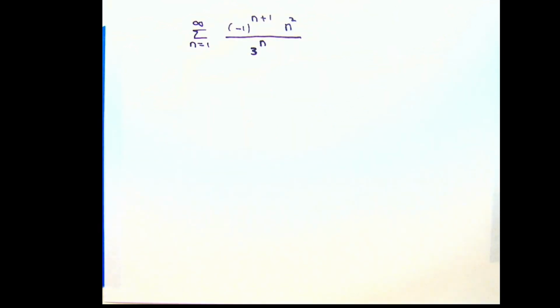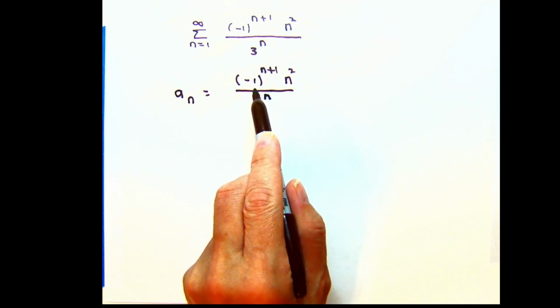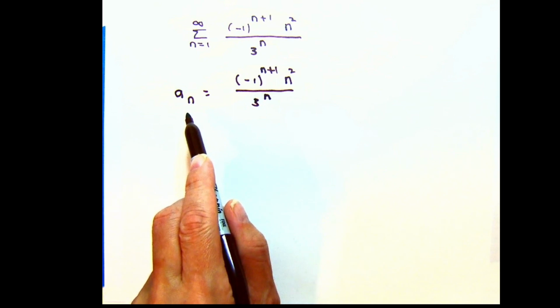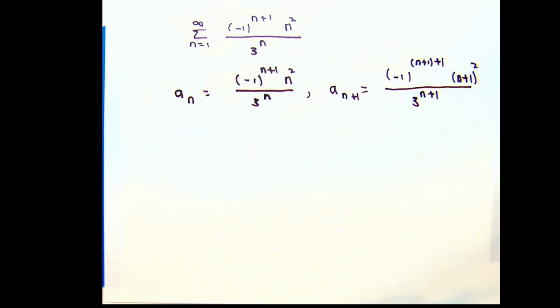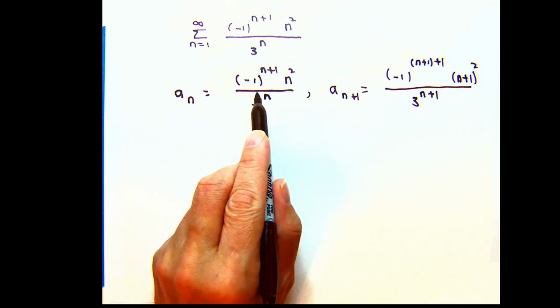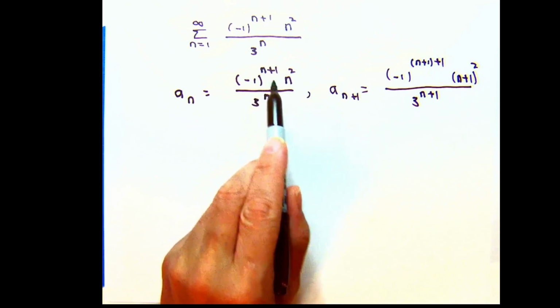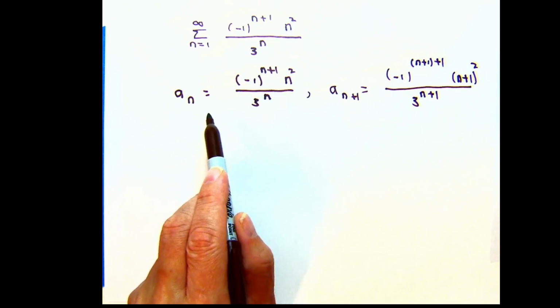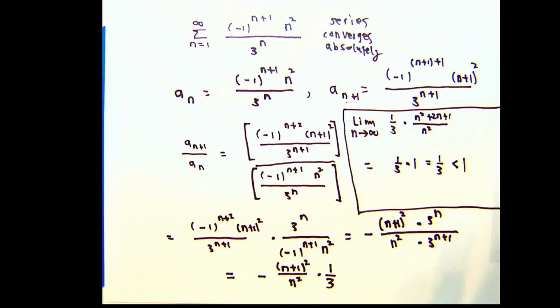For example, let's look at the sum of negative 1 to the n plus 1 times n squared over 3 to the n power. I'll write out the generic nth term, the generic n plus first term, calculate the ratio of the larger indexed term over the smaller one, carry the calculus out to do the limit, or use the algebra trick as we've done before.